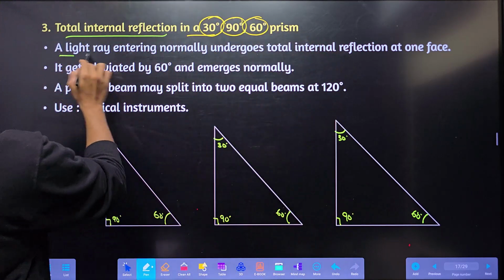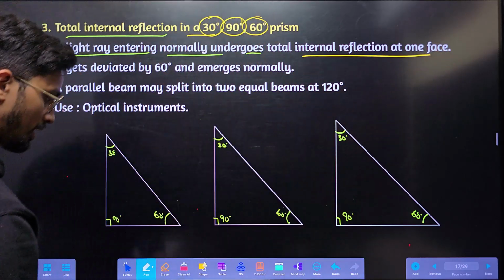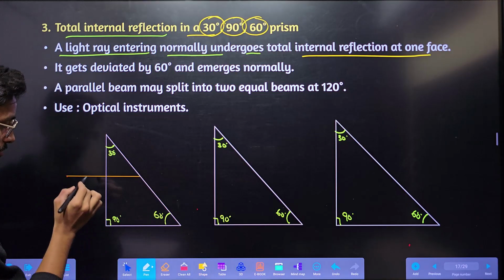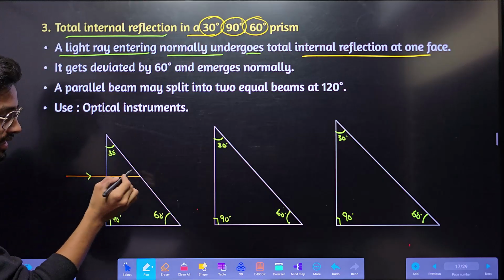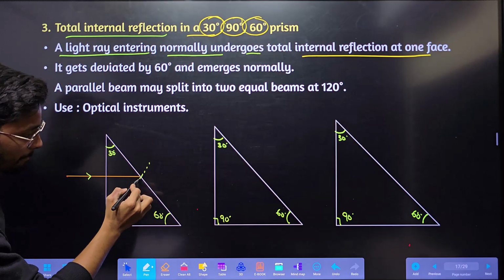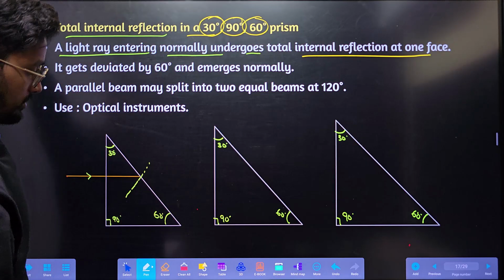Okay. A light ray entering normally undergoes TIR at one phase. Okay. Let us enter a light ray normally like this. This is 30. This is 90, so this will be 60. Right? This will be how much? 60.